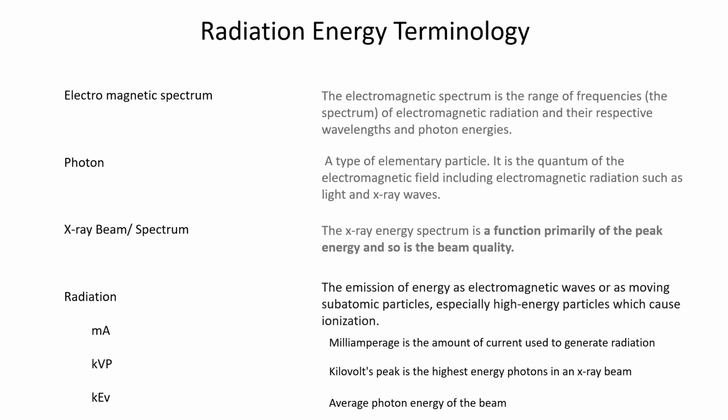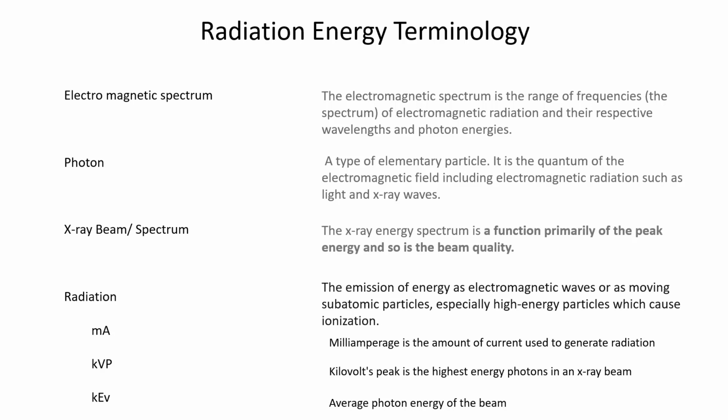Now, when we talk about terms in technique, we use the term mA for milliamperage, and milliamperage is the amount of current used to generate radiation. We also use the term kVp, that is kilovolts peak, and it is the highest energy that the photons in the radiation beam can reach.